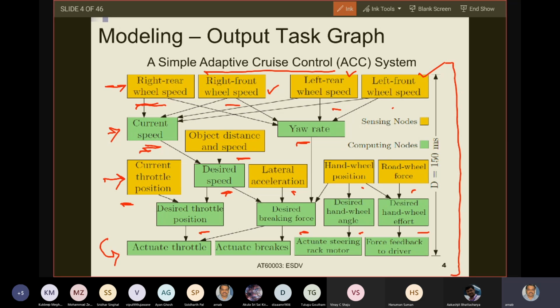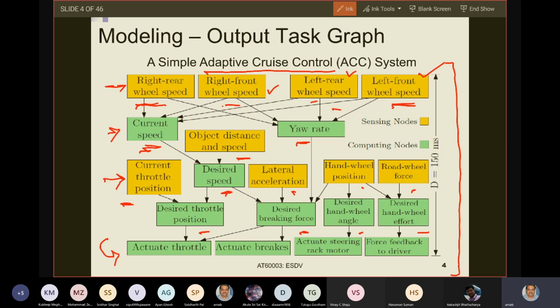So this whole thing gives a task graph, and such a task graph is taken as input to the hardware-software co-design problem. You have broken the system into functionalities. For each functionality you have models, and that functionality along with the interconnection structure gives you the task graph. This one says that these are sensor tasks.